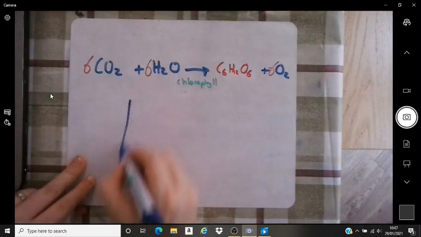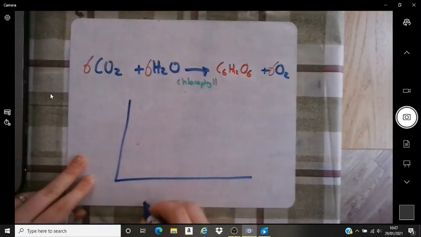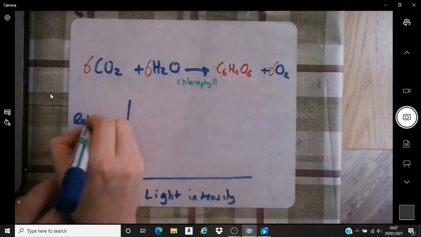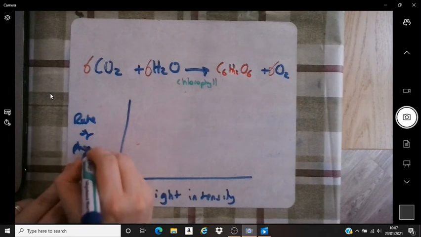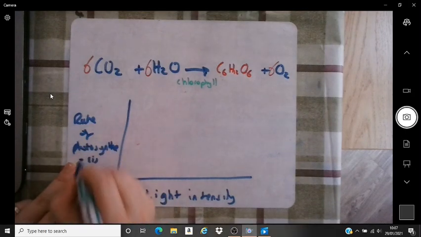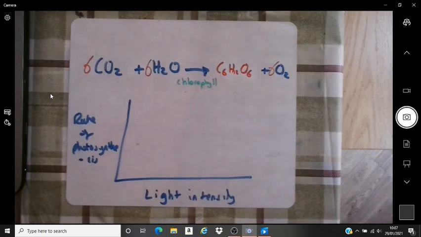I'll just very quickly demonstrate what I mean. If we had on the x-axis our independent variable of light intensity, and we were just measuring the rate of photosynthesis, you might remember doing a practical counting bubbles, or maybe measuring the volume of oxygen using a gas syringe. That's a much more accurate way to do it.